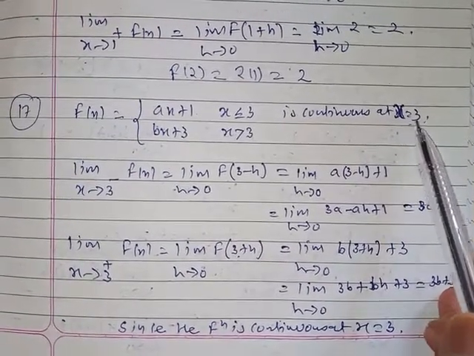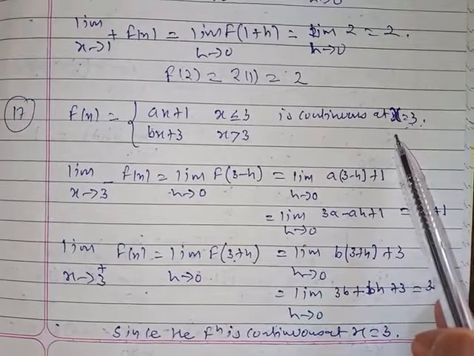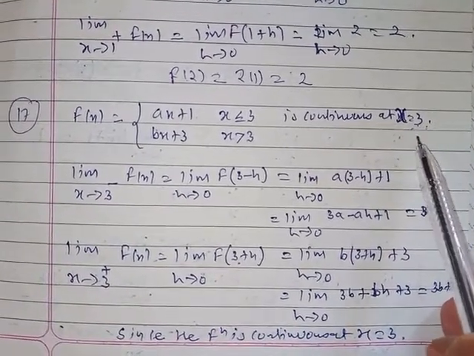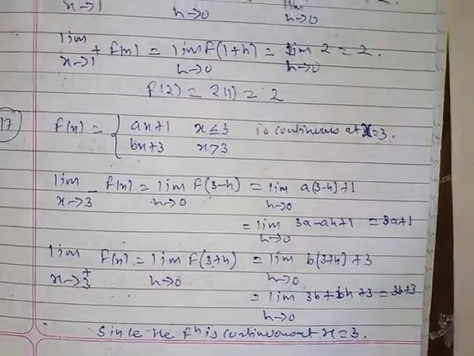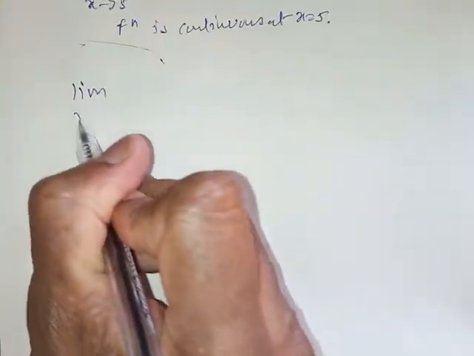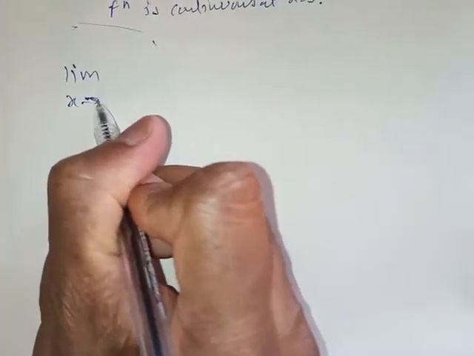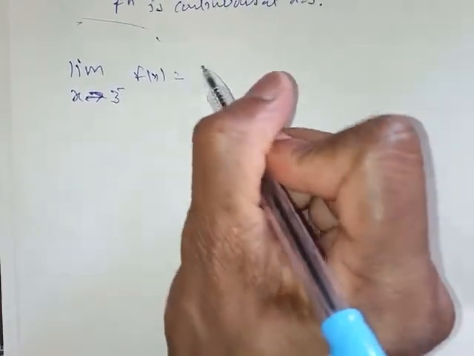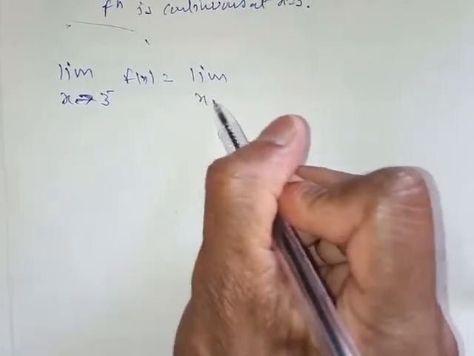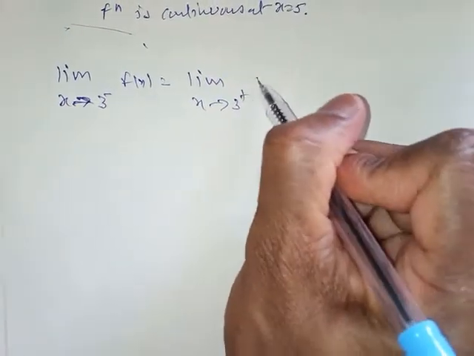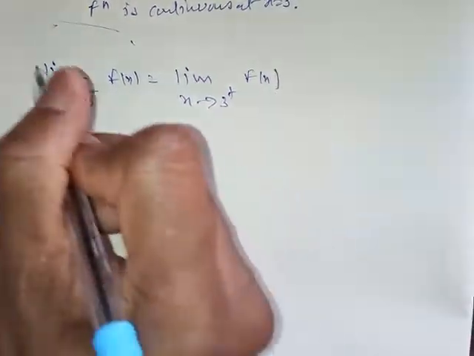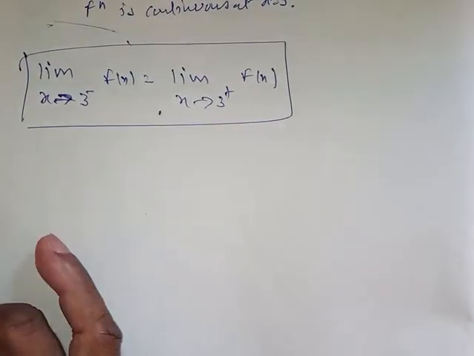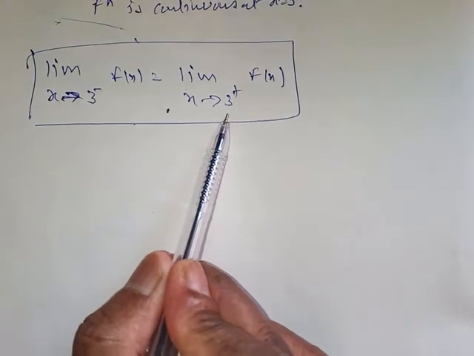What does it mean to say that the function is continuous at x is equal to 3?